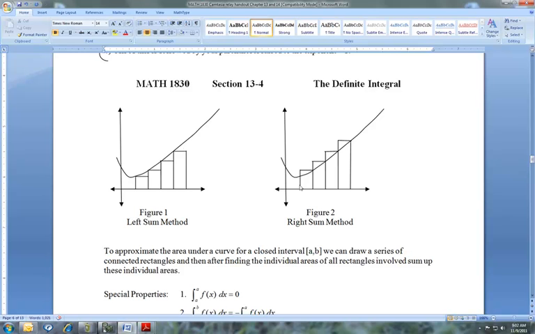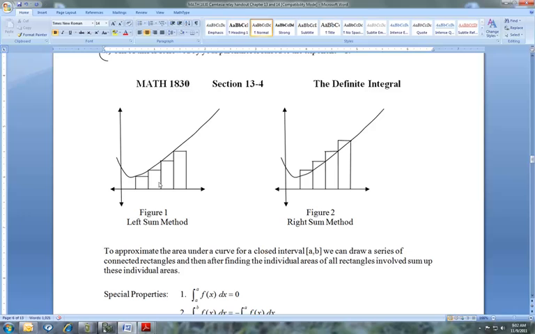Now if I come over and do the same thing, starting at the same place here, you'll notice these rectangles are attached on the right-hand corner. That's why it's called the right sum method. I'd have to use this x value to find the height of this one, and do that with the rest of them. My width is still the same, and if I get the area of the individual rectangles, then that will over approximate.